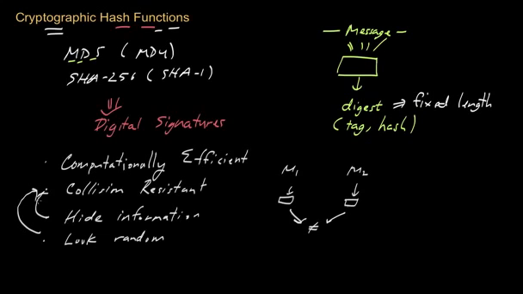Now, the second thing I want to point out is that these properties, in practice or even in the underlying mathematics, are things that you hope for, but you can't always guarantee that they'll hold. It may be entirely possible that you could design a hash function that you think is completely collision resistant, but someone might come along a year from now and come up with a more clever way of finding a collision.